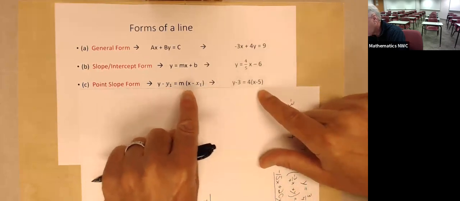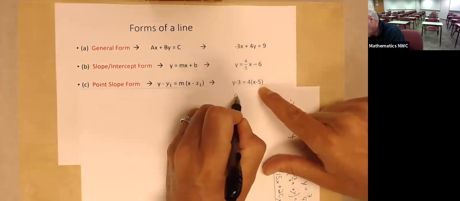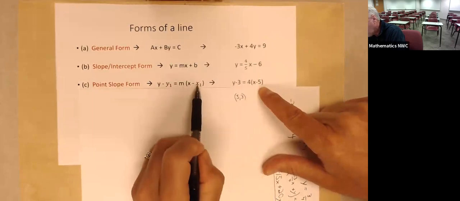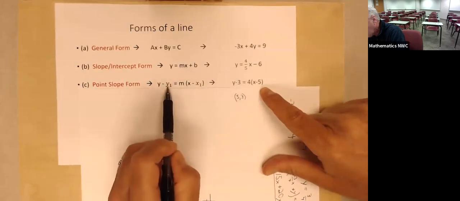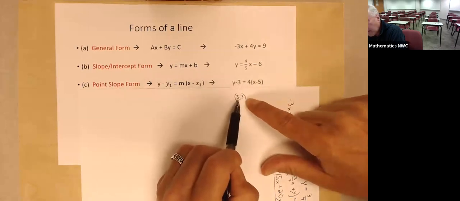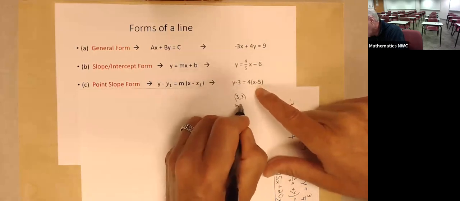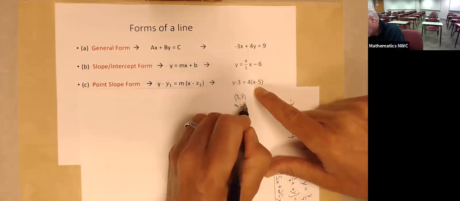For example, over here, a point that's on the line would be 5, 3. Notice x1 had a negative in front like this one did, so the point is actually 5 for the x. The y1 had a negative in front, just like the 3 did, so the y1 would have been a 3. This point, 5, 3, is on that line. Also, its slope is the 4. That's the number out in front.